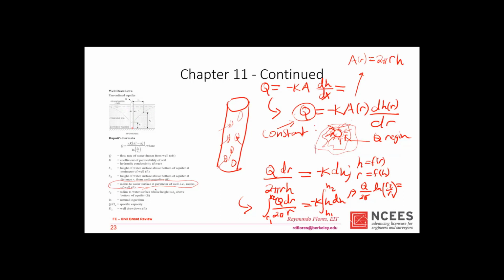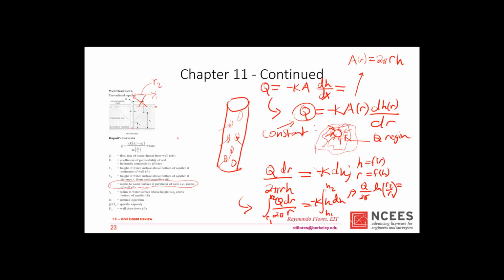Now it may not say that, but that's what it is, because remember our thing is infinite. It says R2 radius to water surface whose height is H2 above bottom of aquifer. So really this is deceptive. That's wrong. It should actually be somewhere around here. So R2 is somewhere around here. They just didn't know how to do it because it's really complicated.